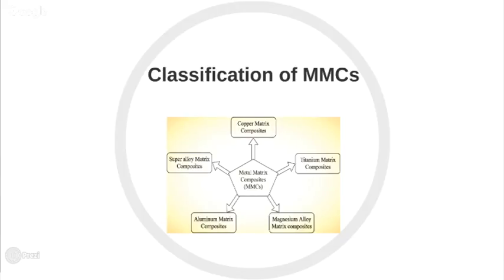So we categorize metal matrix composites as simple composites as well as hybrid composites. Hybrid composite consists of primary reinforcement and secondary reinforcement. The purpose of secondary reinforcement is to increase the machinability of the component. The various reinforcements we use in these components are silicon carbide, aluminum oxide, boron carbide, and so on.